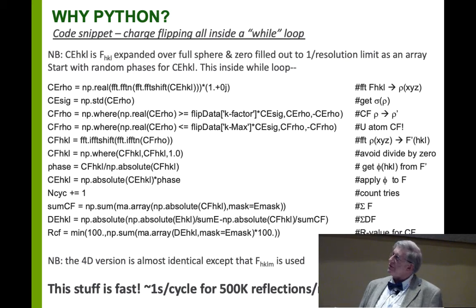And you can see exactly what each step in the process is: the initial Fourier transform, the charge flipping, the reverse transform, extraction of the phases, and you get a new set of phases applied to the structure factors. And you go back and do it again. And this stuff down here is housekeeping, so you can keep track of what the residual is. That's it. Easily seen, easily read.